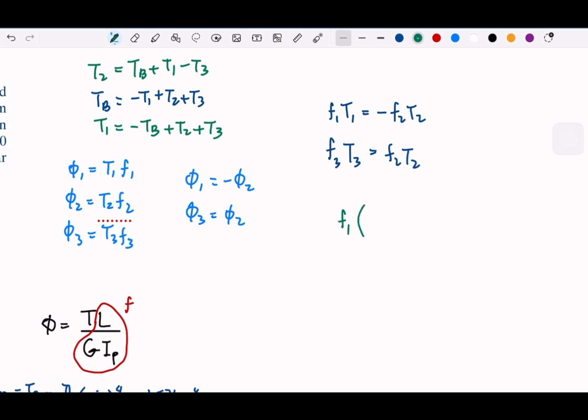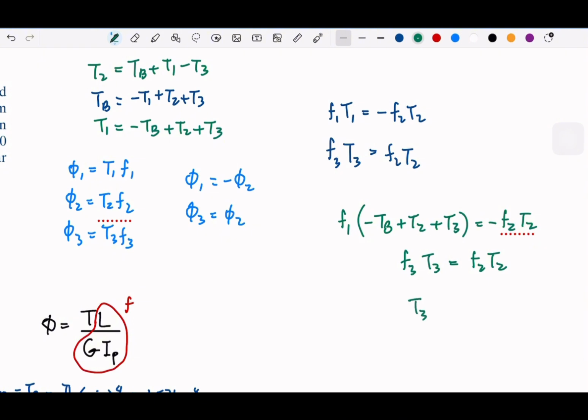Then suppose that we want to solve for T2. So this will be negative TB plus T2 plus T3. And we have this is F2 T2, okay. And then we have same here, T3 is F2 T2. We can exchange all with 2, right?